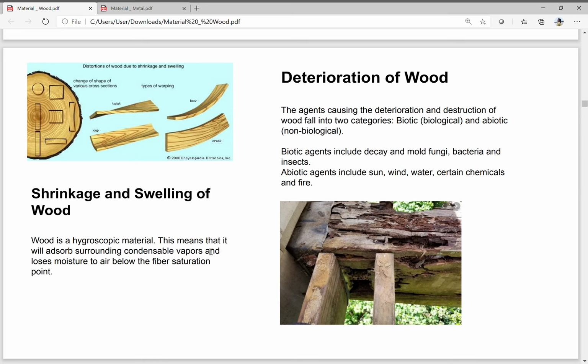So you also have your deterioration of wood. You have your biological and abiological agents. Your biological agents include decay, mold, bacteria, and insects.